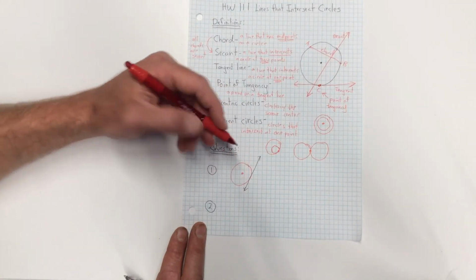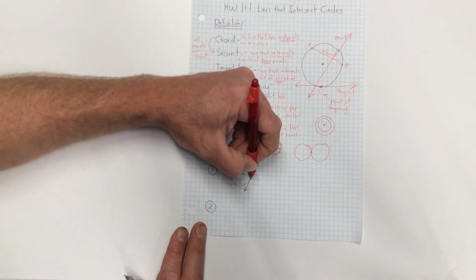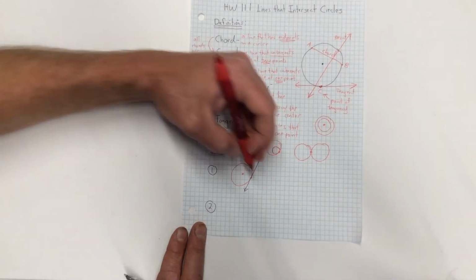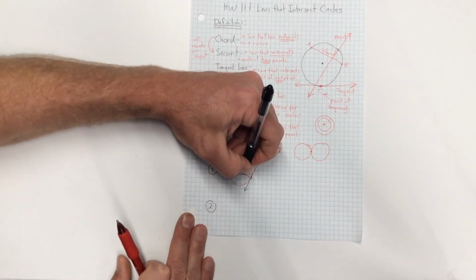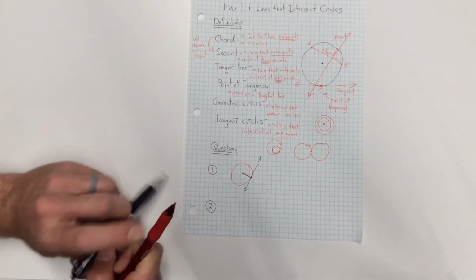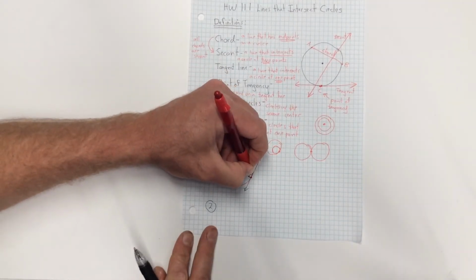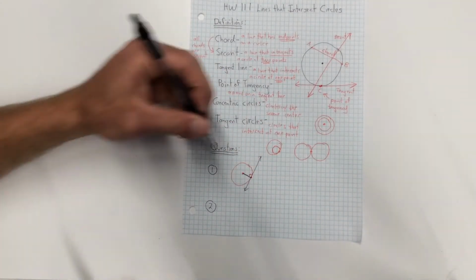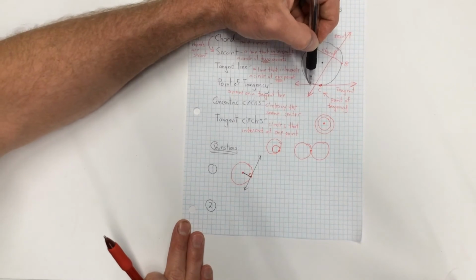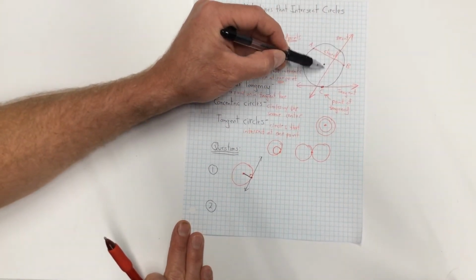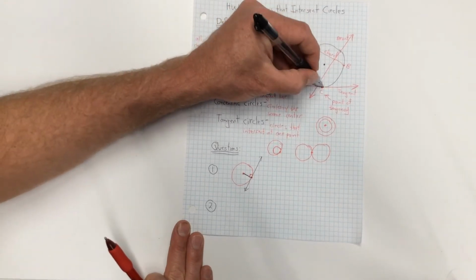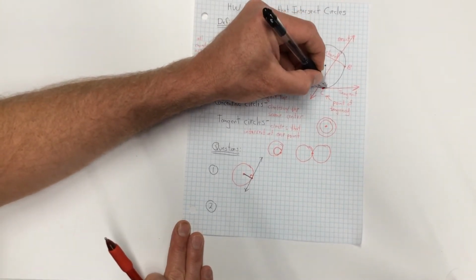Whenever a line is tangent, that line where it hits the point of tangency will always form a perpendicular line to the radius, or to the center. So anytime you draw a tangent line, if I connect that point of tangency with the center of the circle, you will always form a right angle, or a perpendicular angle.